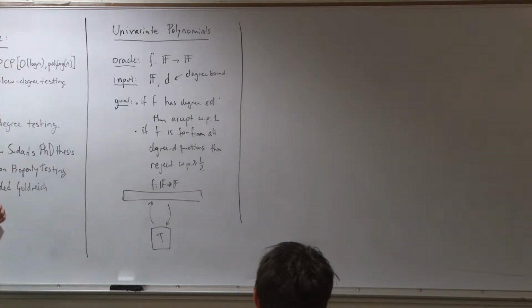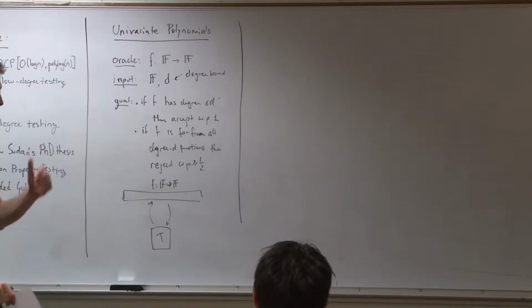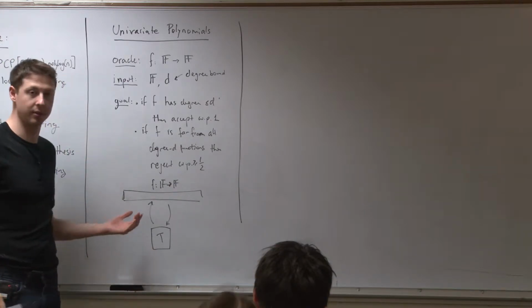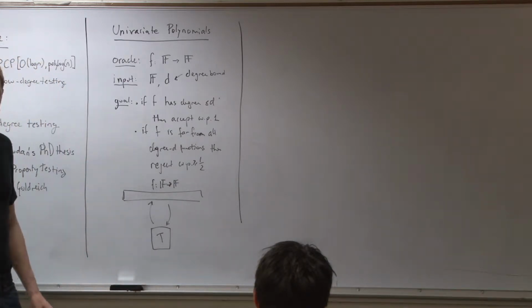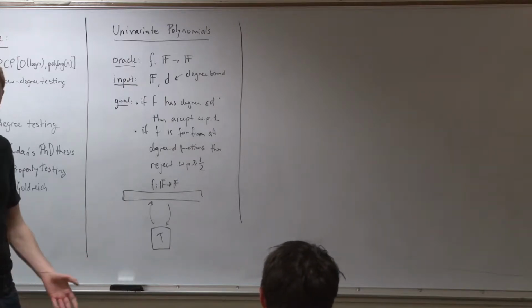What was the first step in linearity testing? Or if you don't want to think about linearity testing, what do you think might be a reasonable test here to do? It's a great idea. It's exactly what we're going to do right now.